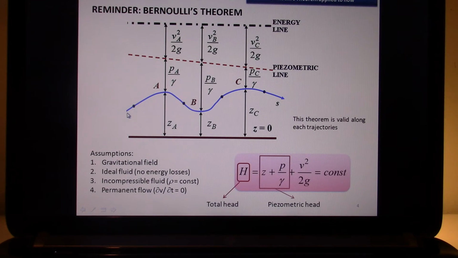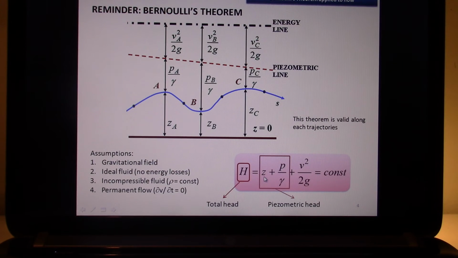So Bernoulli says basically that moving from point A to point B to point C under these assumptions, the total head remains constant. The total head is defined by this energy line, and basically it's the sum of three terms.